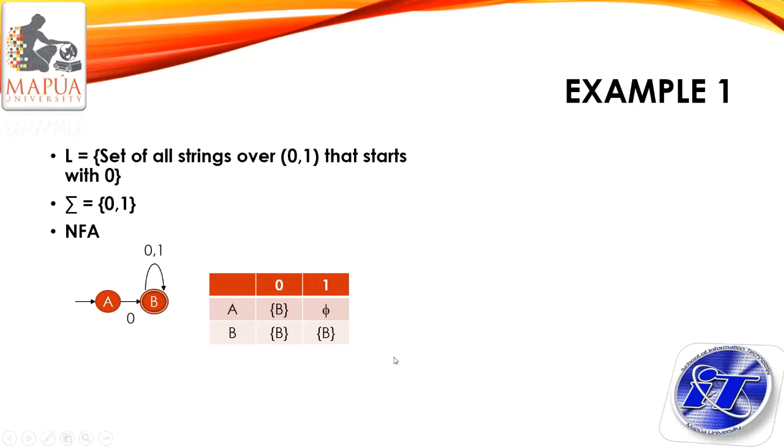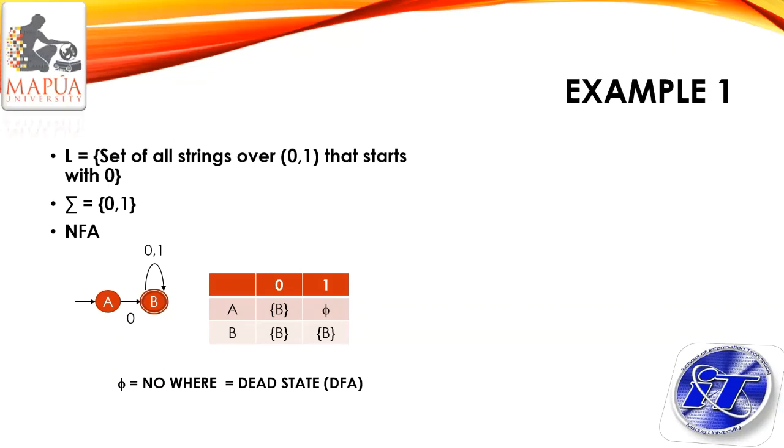It could be represented by a dash or by a phi sign. While in B, either value 0 or 1 will just go to B. Again, this sign means nowhere to go, and in a DFA, it could be represented by a dead state.